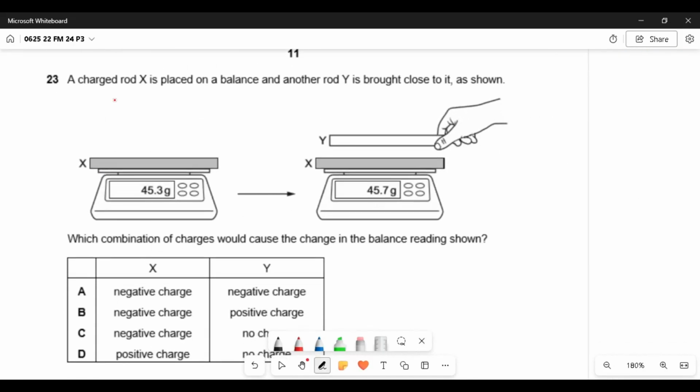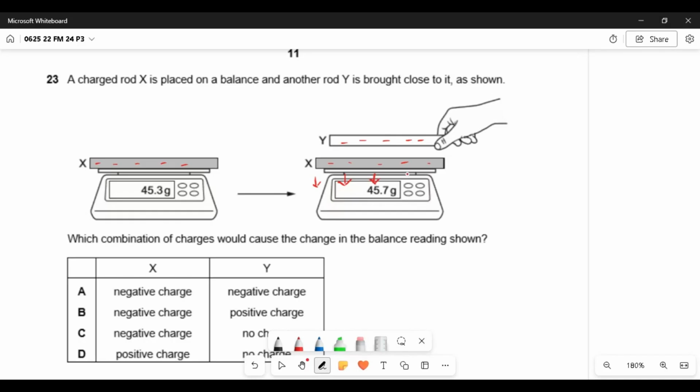Question 23. A charged rod X is placed on the balance and another rod Y is brought close to it. Let's say X is negatively charged. So here you can see the mass reading is shown. It means there is something repelling, pushing it down.